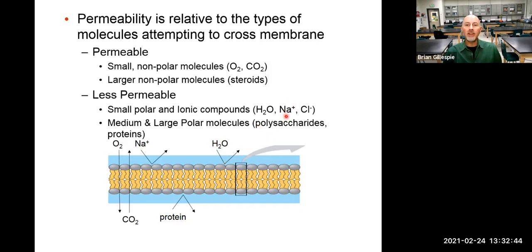Same thing with ionic particles, particularly sodium and chlorine that are dissolved salts, have a really difficult time getting through these regions, right? Even large proteins, you can see here, which are really large molecules, have a hard time pushing enough phospholipids away to be able to cross from one side to another.